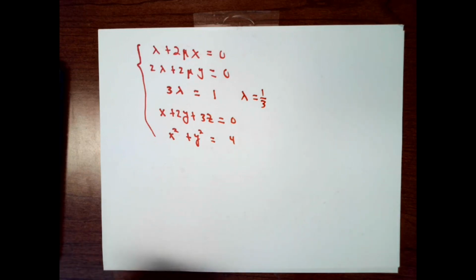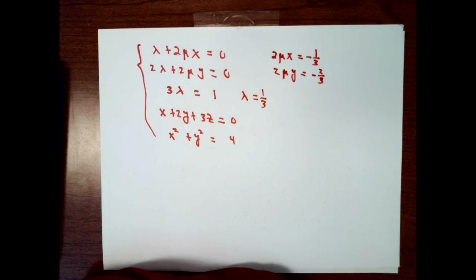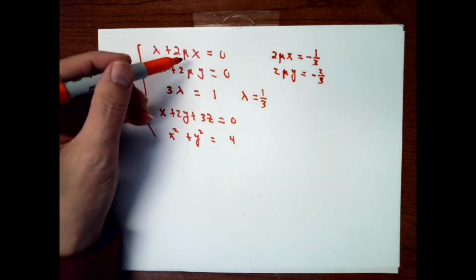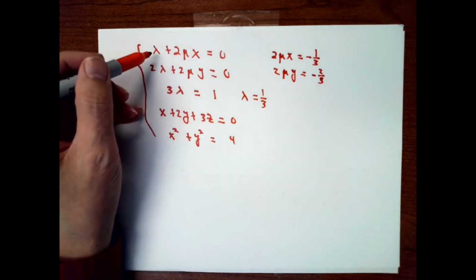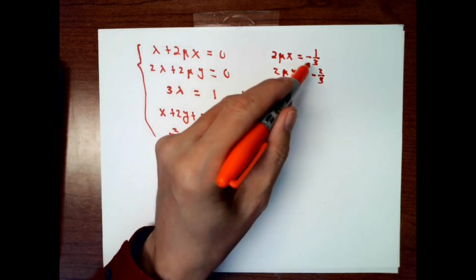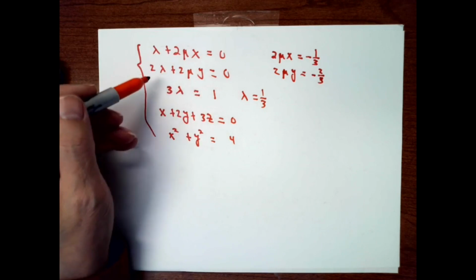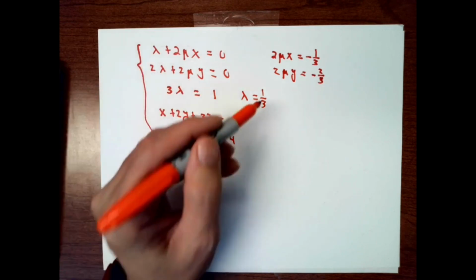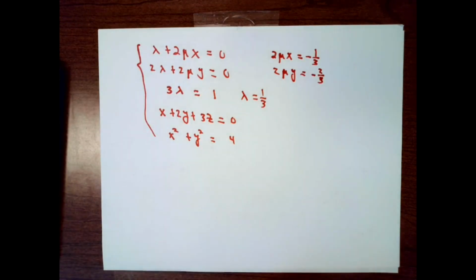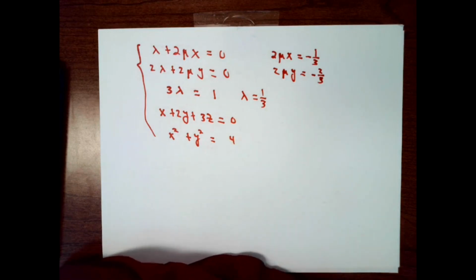The moment that I know that, I know several other things. 2 times mu times x has to be the negative of lambda, negative 1/3. And 2 times mu times y has to be negative of 2 lambda, negative 2/3. So this will tell me what 2 mu x and 2 mu y are.